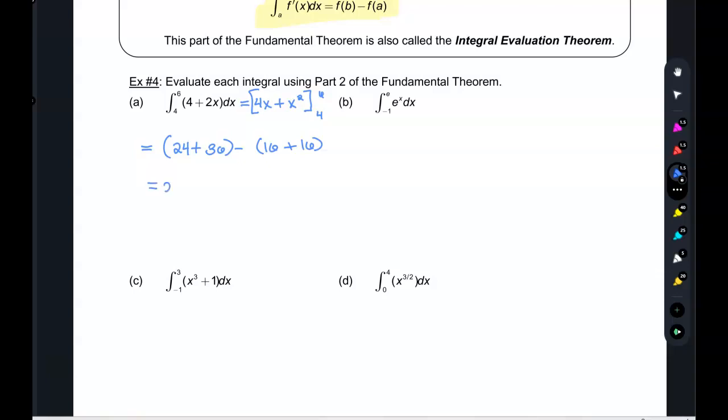That's 20. It's okay. It's not a speed contest.